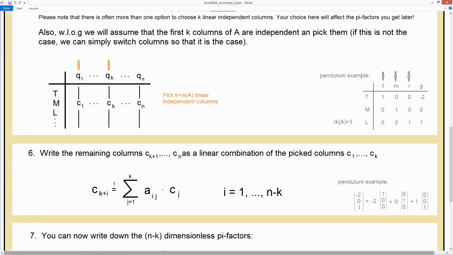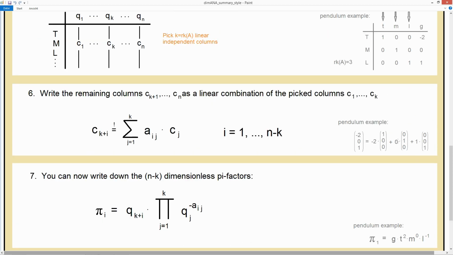So in this example here we picked the first 3 columns, and this here is the only remaining column, so -2, 0 and 1. So this means we have to write this column here as a linear combination of the first 3 columns. So this is pretty easy and has to look like this here.